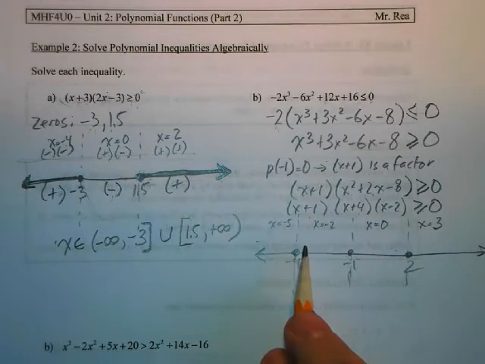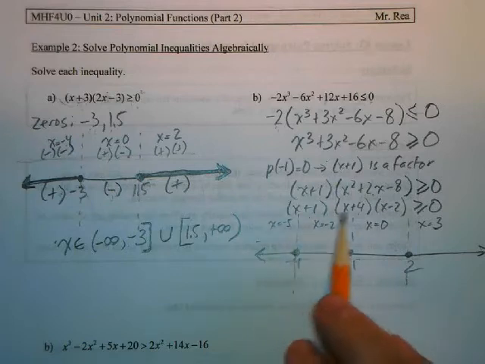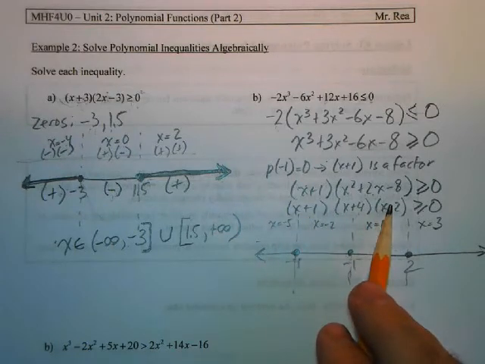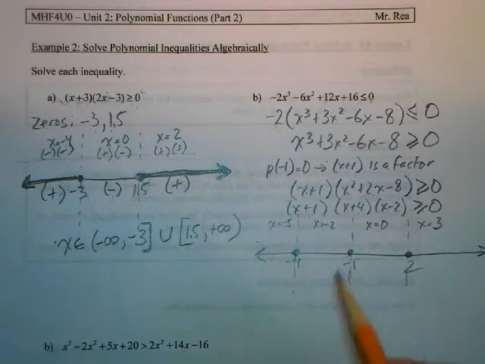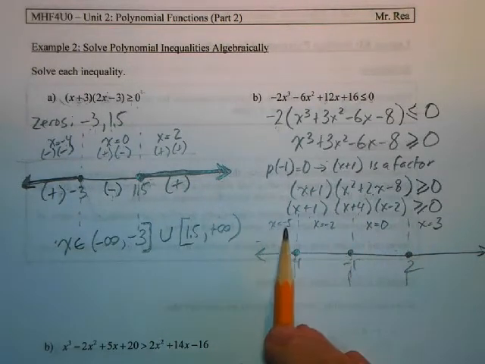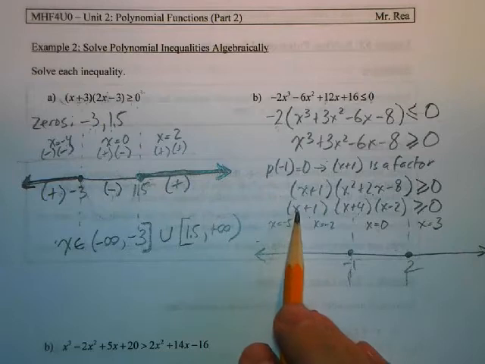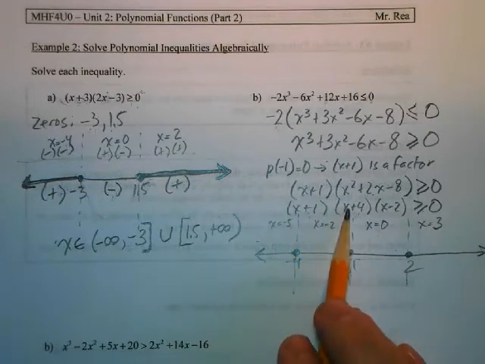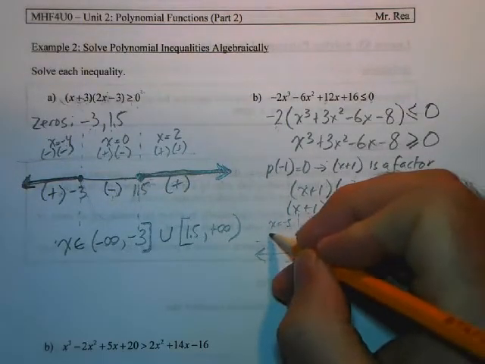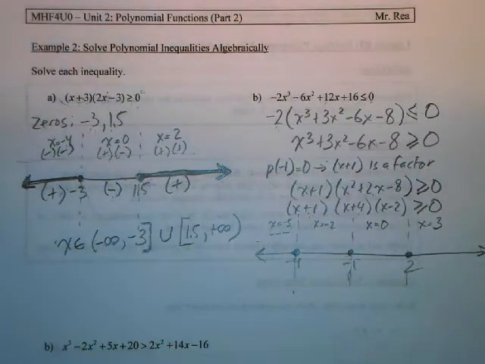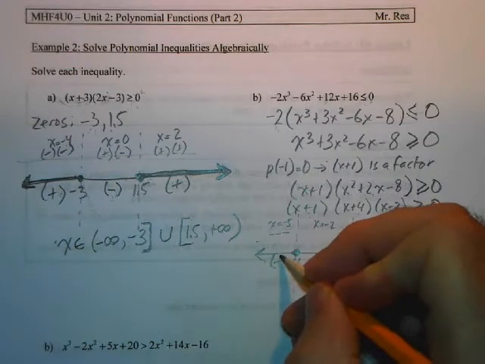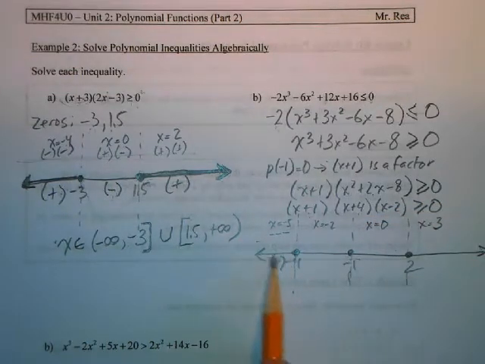I picked a test value for each of them. Now I plug them in. This time I've got 3 factors, so I'm going to have 3 signs. Let's go left to right. If it's -5 for x, I'm going to get negative, negative, negative, and 3 negatives multiplying together give me a negative. So this leftmost interval is negative.